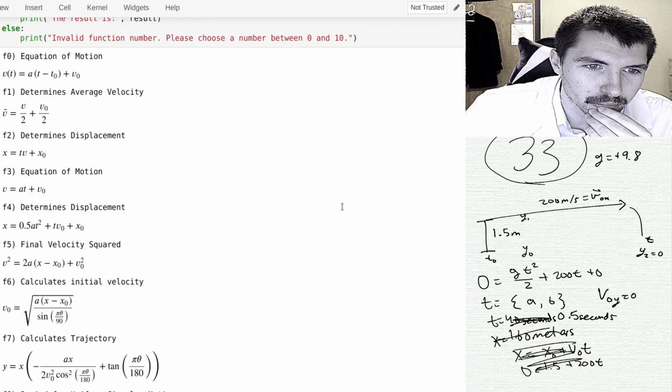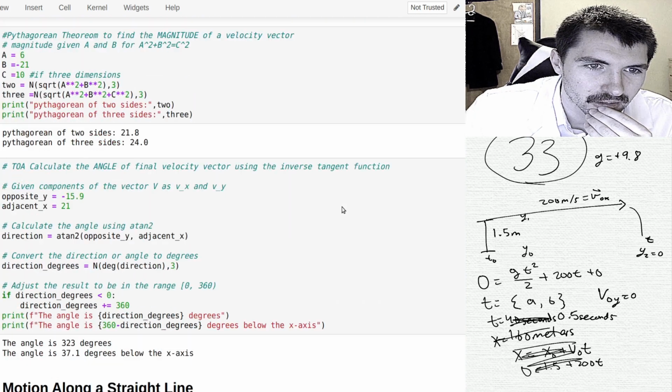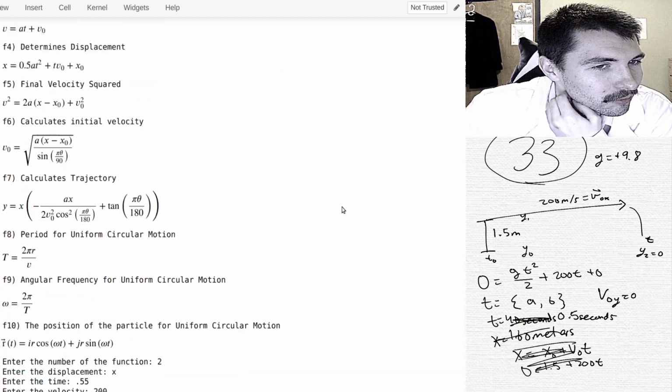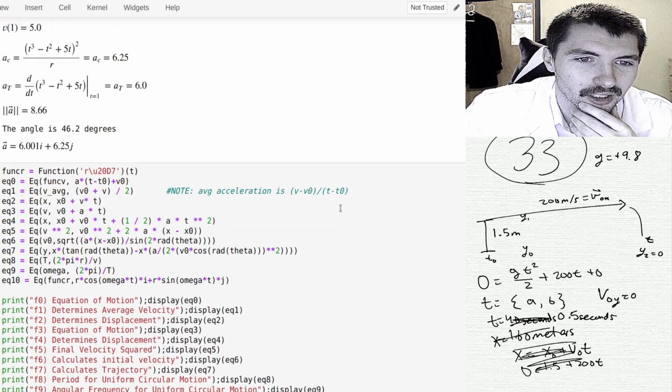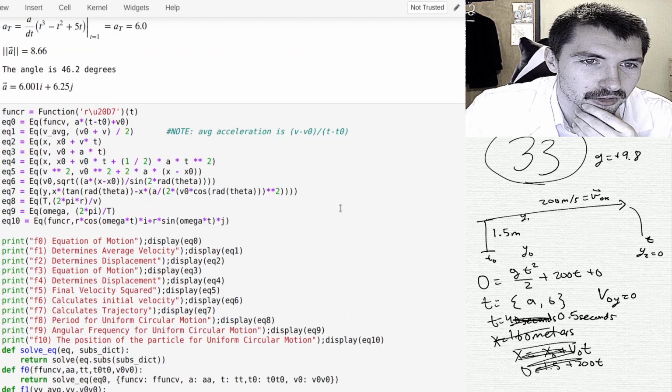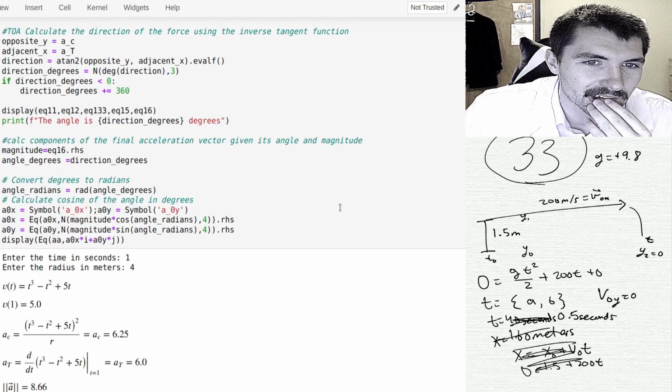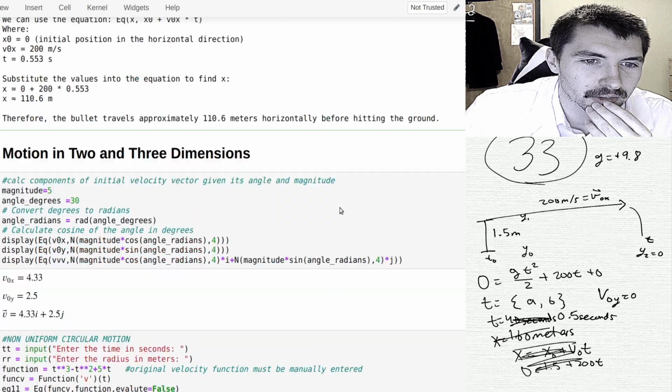Don't mind me, I'm just marveling at my own code. I'm going to repost this to GitHub because I had the symbols in the wrong spot, so I need to fix that for you guys.